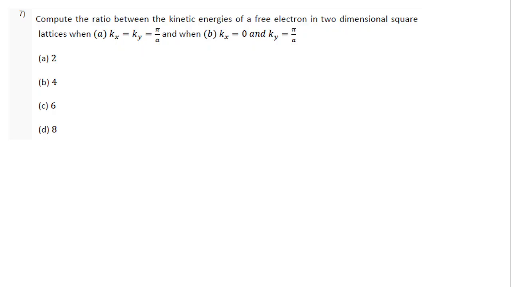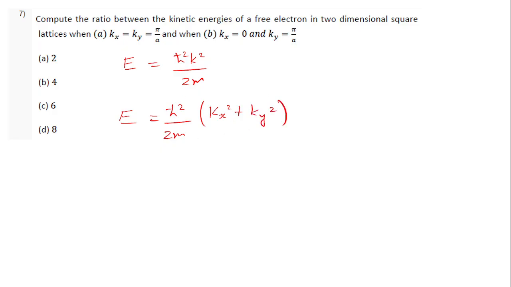For this question, we know that for a free electron inside a Brillouin zone, in 1D the energy is given by h bar square k square by 2m. In 2D, we will have kx and ky, so the energy will be h bar square divided by 2m, and instead of k square, it will be kx square plus ky square.